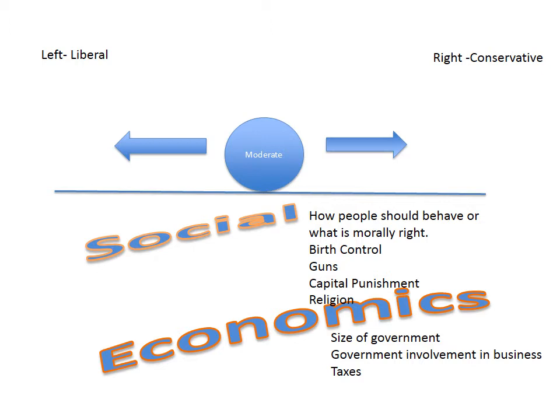Traditional view would be, of course, that women should be at home. So these can range from anything from birth control to guns to capital punishment to religion. And you can map that on your spectrum.